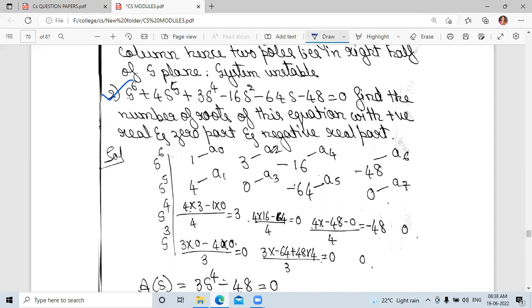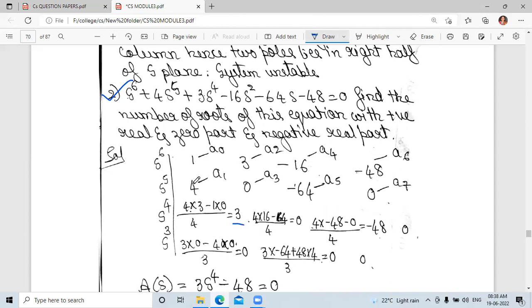Next, (a1 into a2 minus a3 into a0) divided by a1: 4 into 3 minus 1 into 0, divided by 4. The value you get is 3. Next, 4 into minus 16 minus of minus 64 into 1, divided by 4.